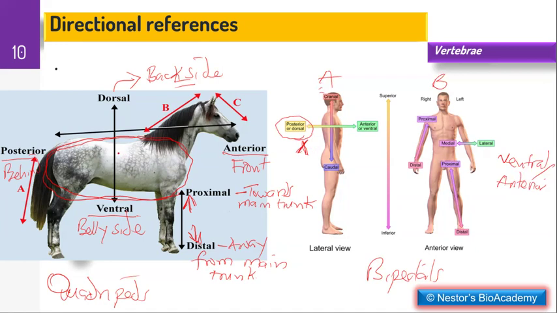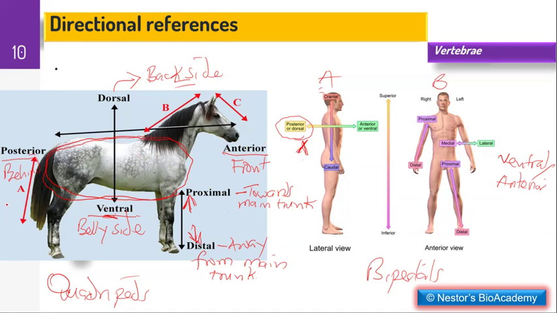But coming back to the horse, if I stand at point X and I'm observing the horse, I'll be able to look at the front view of the horse. So that would be the anterior view of the horse. But at that point, I cannot see the belly side of the horse. And therefore, for the case of the horse, the anterior view is exclusively different from the ventral view.